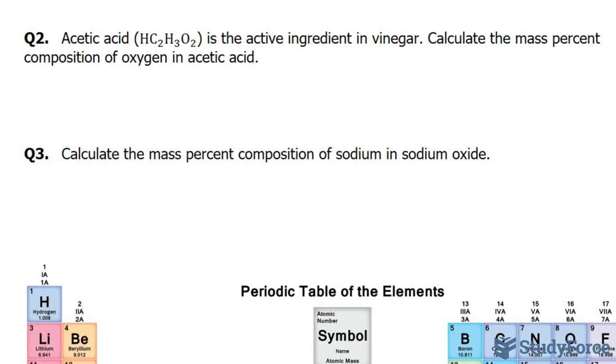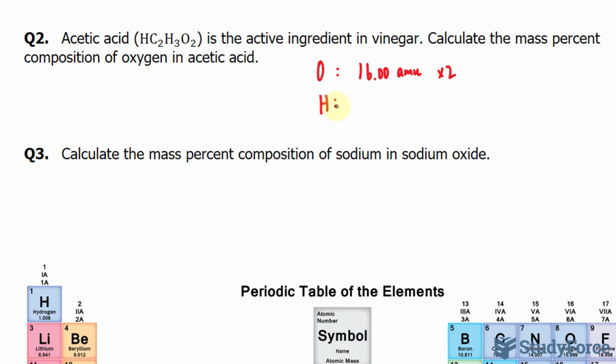Let's start by writing out all the molar masses of these atoms that are found within one molecule, starting with oxygen, represented as O. We have a molecular mass of 16.00 AMU, and there are two oxygens, so we'll multiply this number by 2 eventually.